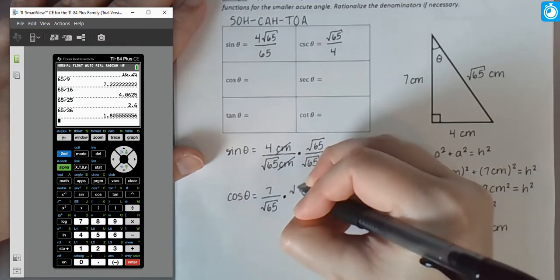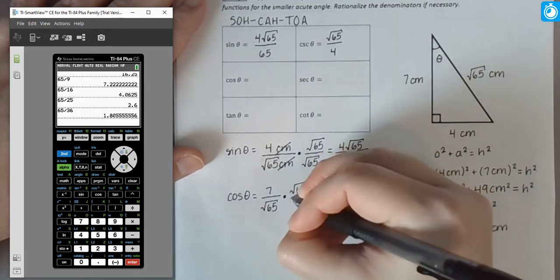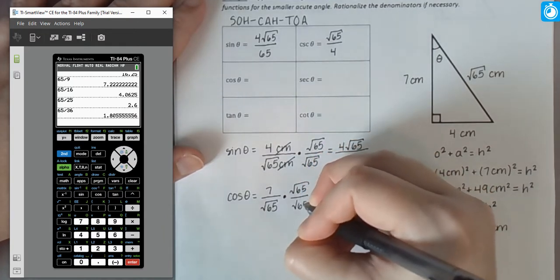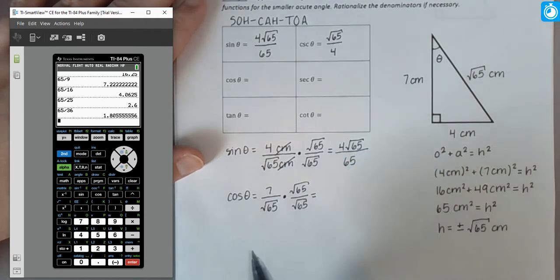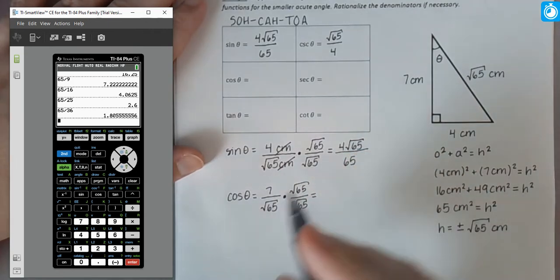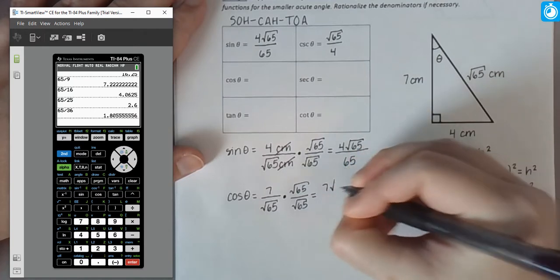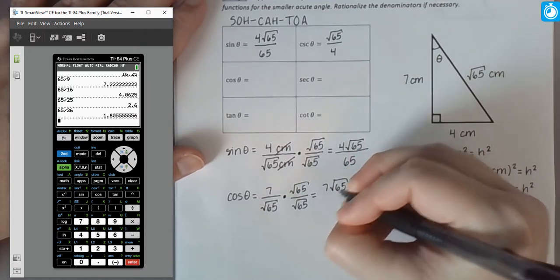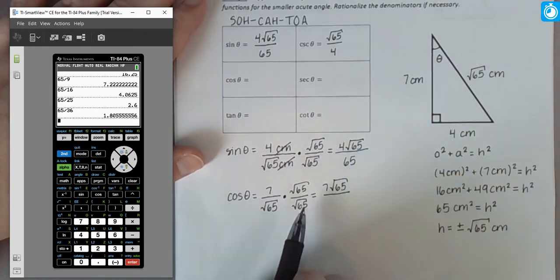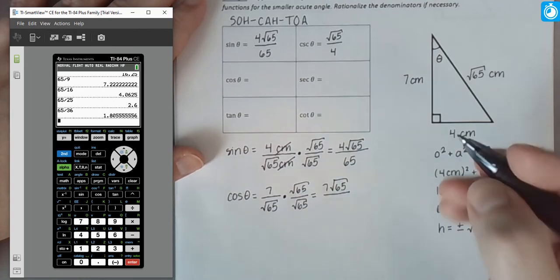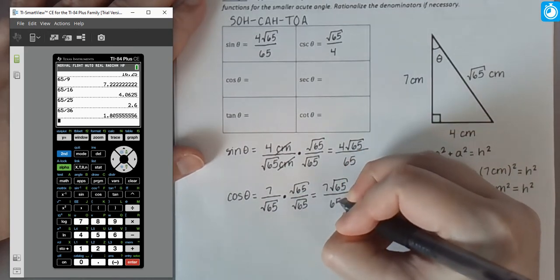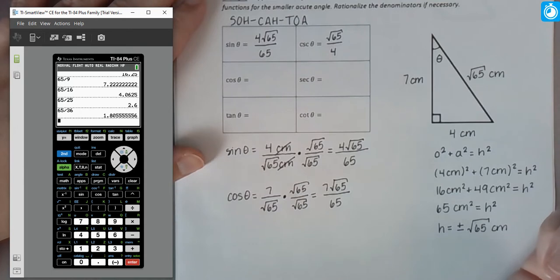Same strategy. So we're going to take the square root of 65, multiply in the numerator and denominator, whatever the radical happens to be that we want to rationalize. And so our numerator becomes 7 root 65, and then root 65 now squared. A square and a square root are inverses, so that's now rationalized. So 7 root 65 over 65.